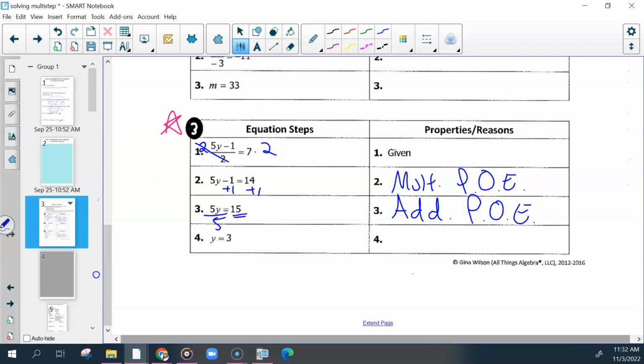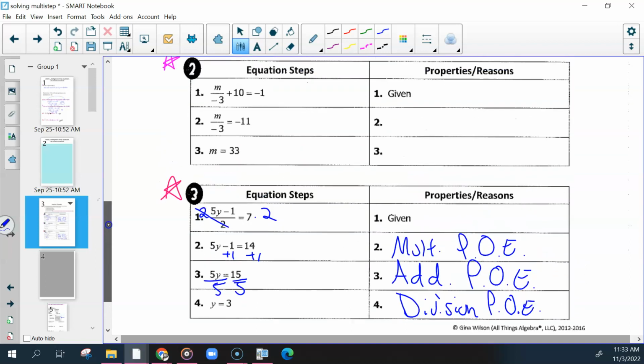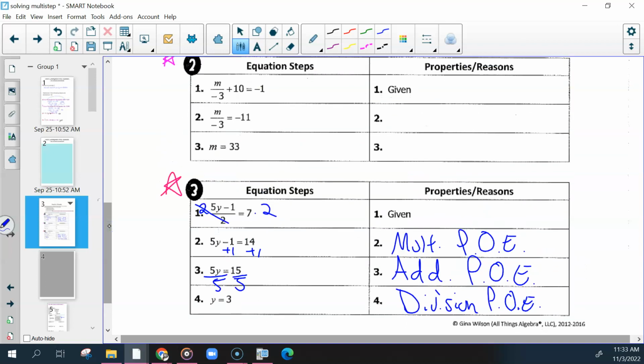Divided both sides by 5. Questions on that one? I'm going to give you a minute. I want you to try number 2, and then we'll come back and talk about it.